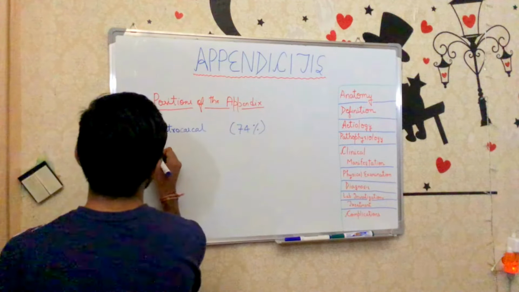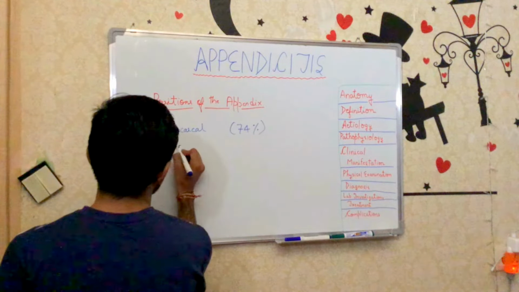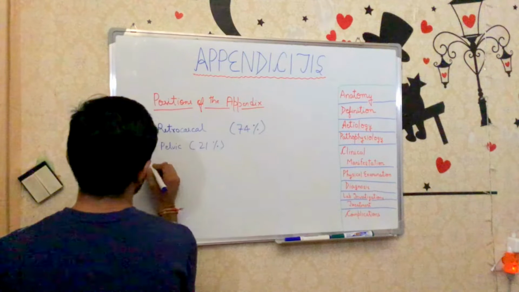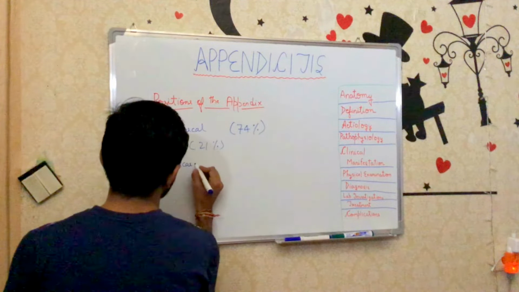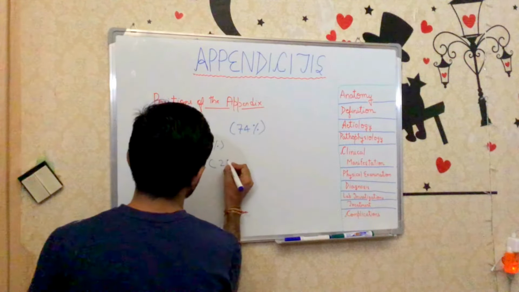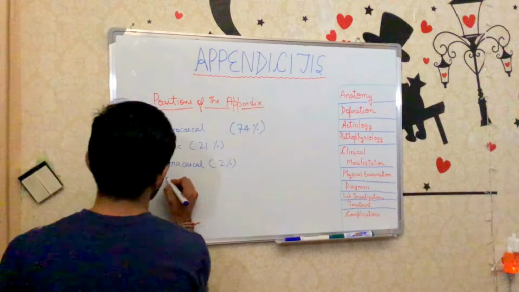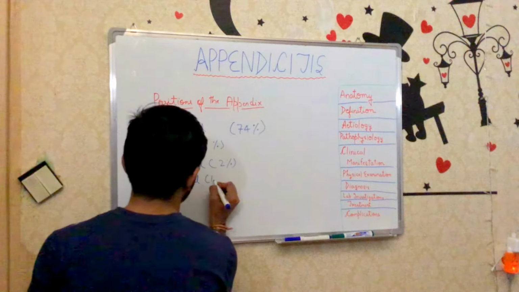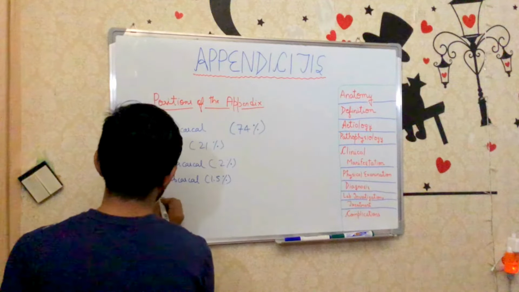Now, the less common is the pelvic position, which is 21%. The paracecal position, 2% of persons have this position of the appendix. Subcecal, 1.5% of the people could have this position.